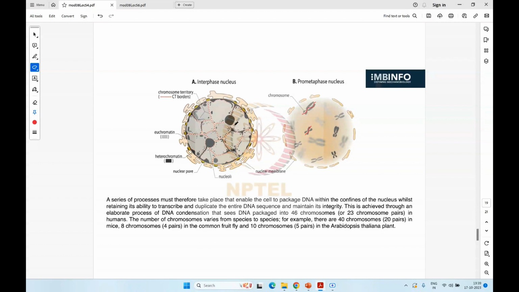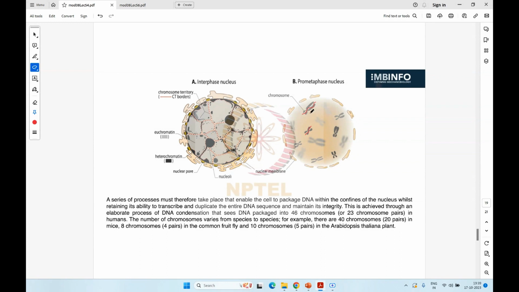Whereas this is the prometaphase nucleus, in which all of the chromatin condenses and forms chromosomes.